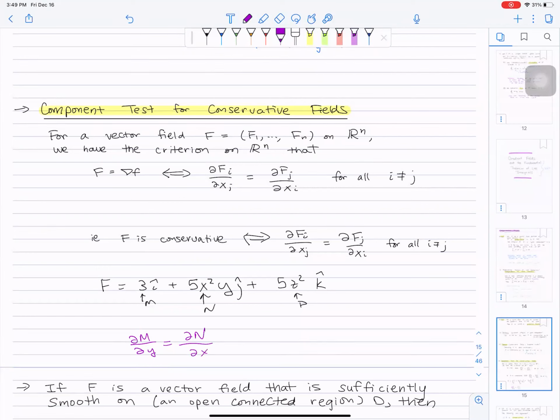You see how they're flipped. Then M with respect to z should equal the third component with respect to the first variable. And then N with respect to z should equal P with respect to y.